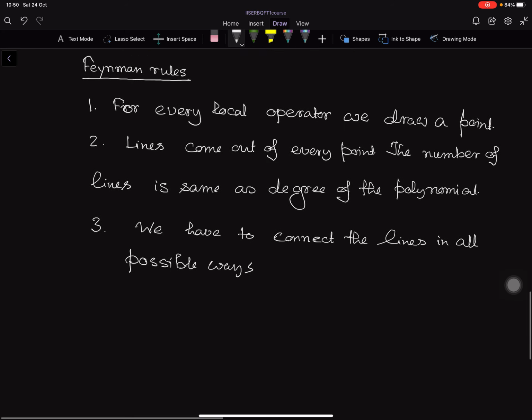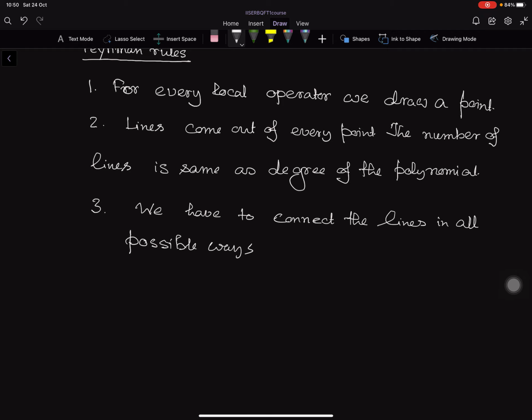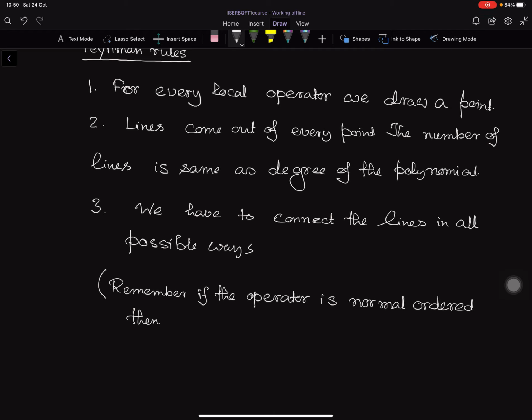But there is an important constraint that if the operator is normal ordered, remember, then you cannot connect two lines coming out of the same point.